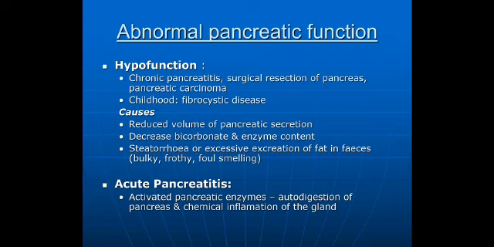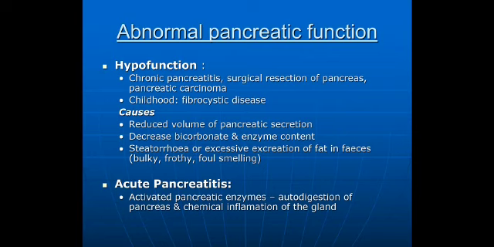It can be chronic pancreatitis or carcinoma, where there is reduced volume of pancreatic secretion, decreased bicarbonate, and steatorrhea. As we came across last class, steatorrhea is excess excretion of fat in feces, which is bulky, frothy, and foul smelling.